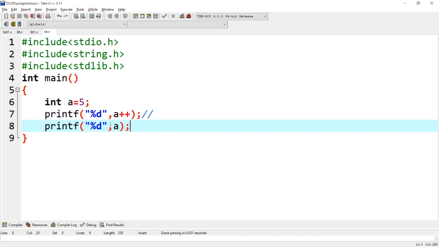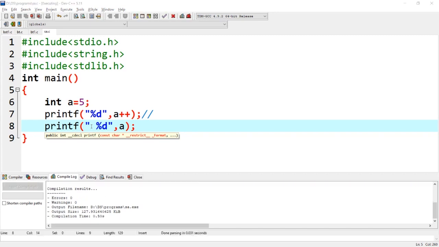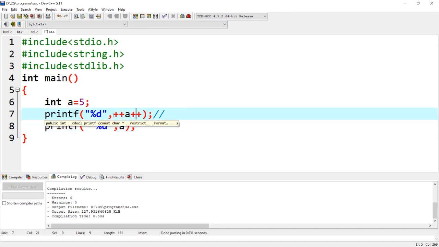Just observe here, 5 and then 6. This is the post-increment operation. For example, if it is a pre-increment operation, that means plus plus a, it is incremented first, then it is printed. That means 5 becomes 6 and 6 is printed here. Okay.